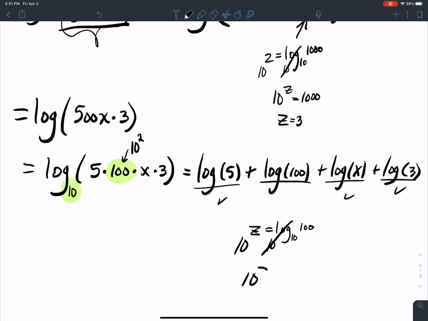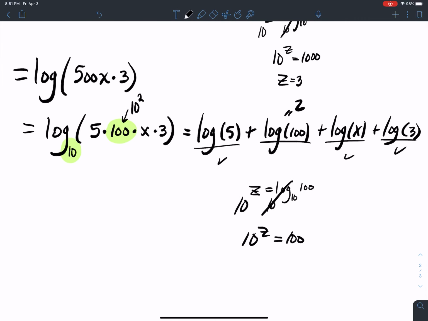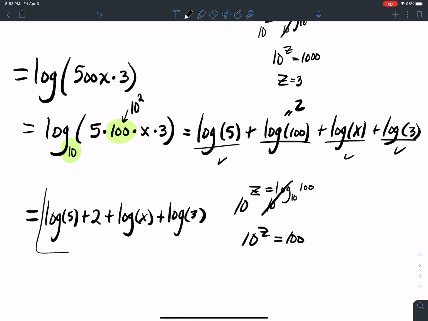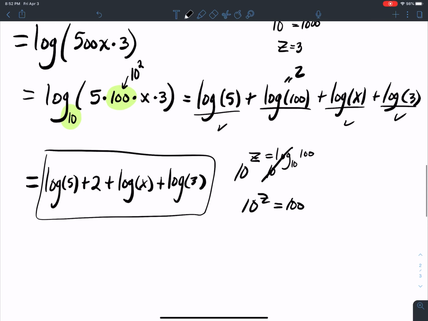So what do I raise 10 to get 100? This is equal to 2 here. So this answer, the final answer, is what? It's log 5 plus 2 plus log x plus log 3. Okay? That is the most expanded form that we can get right there.